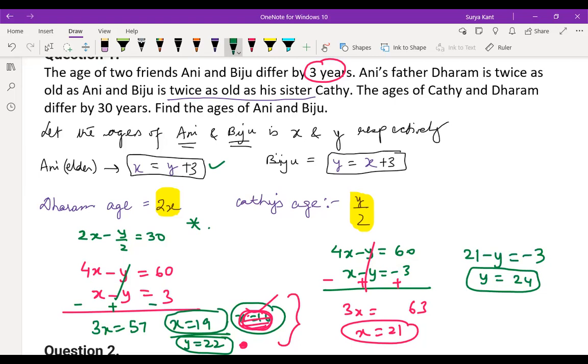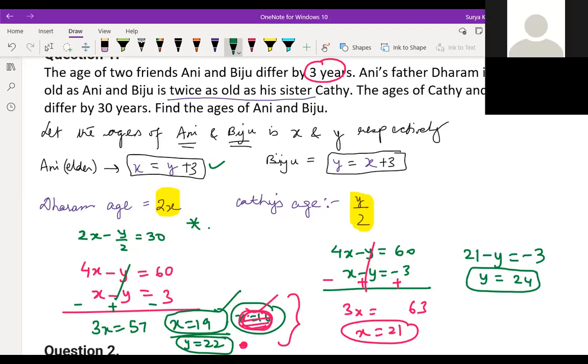What is happening? The answer is correct as per this question. The answer is correct because if x is 19 here, y should be 16 only, because one is more, one is less.